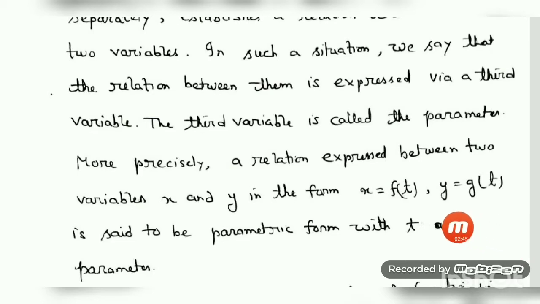First, as x is a function of t, we find the derivative of x with respect to t, and then the derivative of y with respect to t. After that, we join them by using the chain rule.